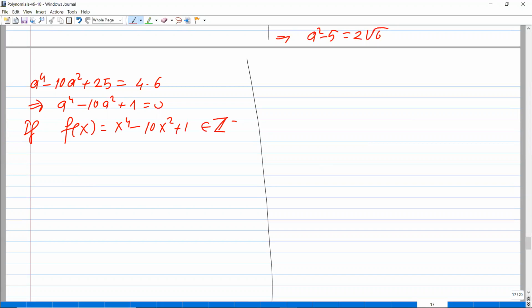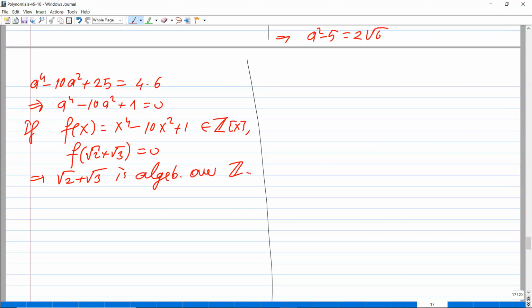So if f(x) is x to the 4 minus 10x squared plus 1, this is in Z[x]. And f of square root of 2 plus square root of 3, which I urge you to check, is equal to 0. So therefore, square root of 2 plus square root of 3 is algebraic over Z. Here is the exercise. Show that, for example, square root of 2 minus square root of 5 is algebraic.